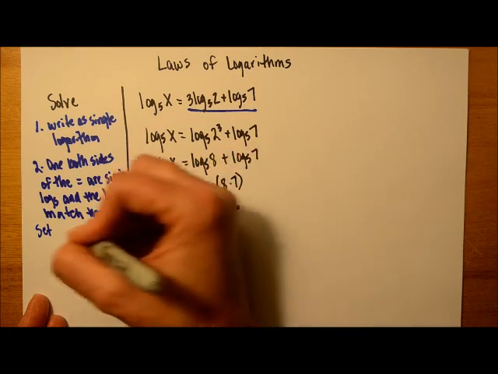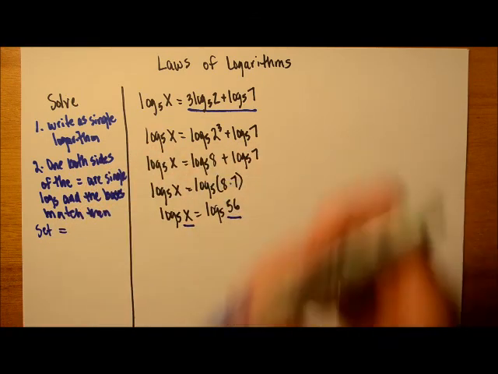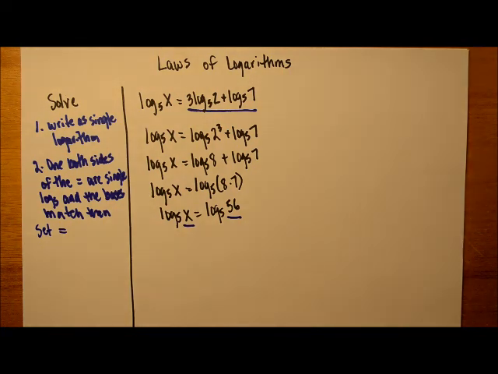Then set, I'm just going to say then set equal. So this one and this one I'll show you in color here. So those two are going to be set equal.